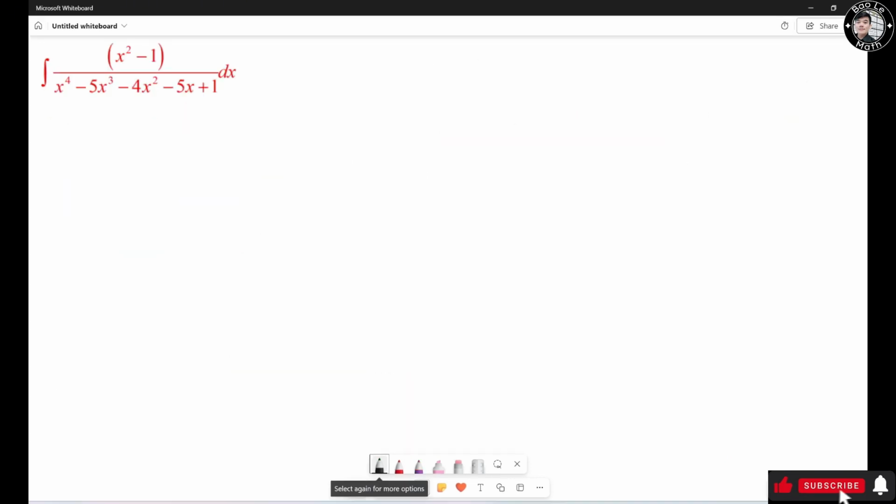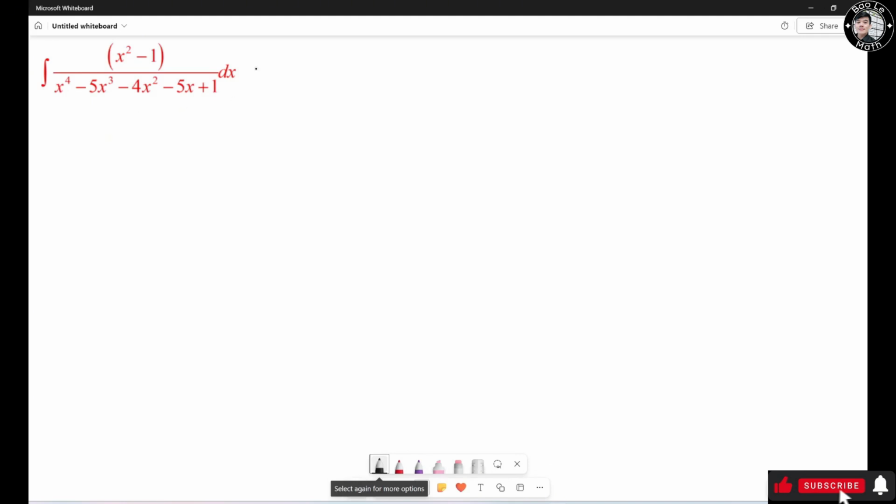We're going to learn how to solve this challenging integral. We need to integrate s squared minus 1 over s to the 4th minus 5s cubed minus 4s squared minus 5s plus 1. To simplify this one, we divide the top and bottom by s squared.